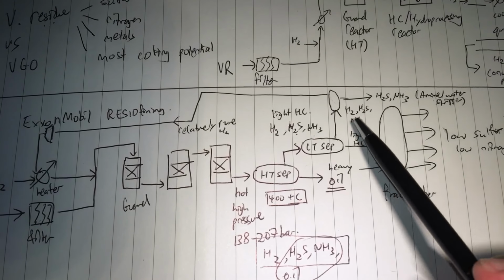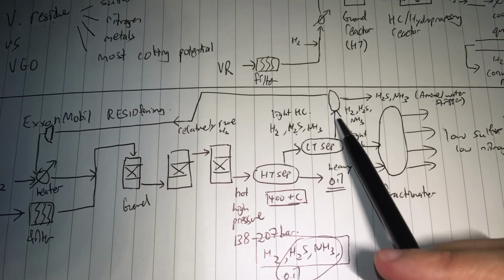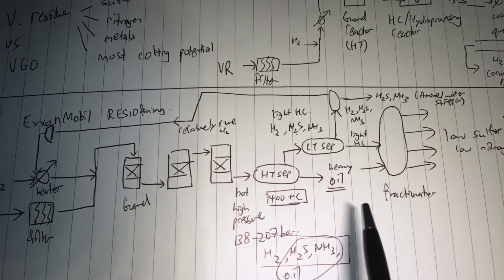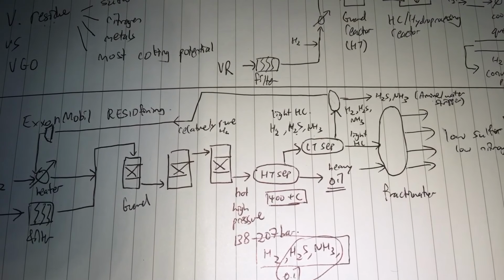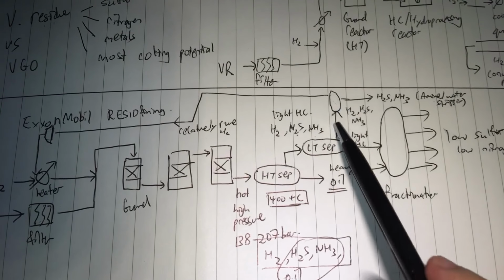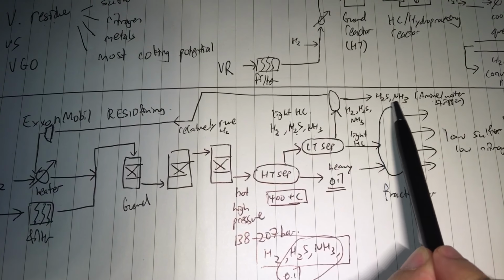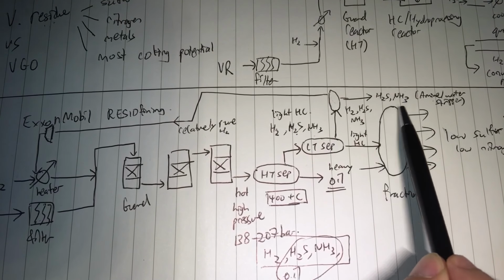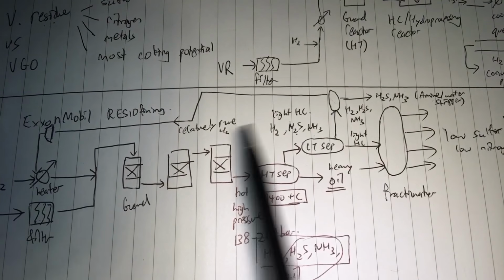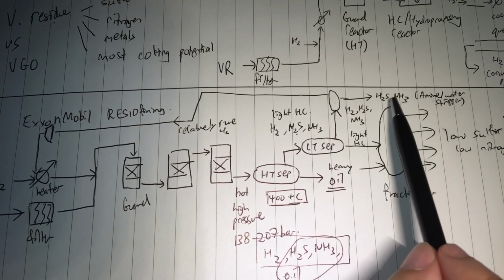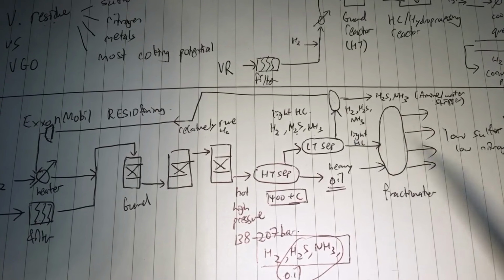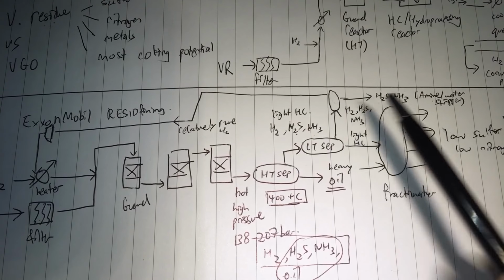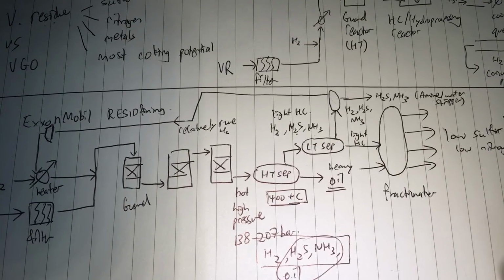Okay, and that's pretty much it for a fixed bed hydroprocessing process. And you might wonder why you want to use a special stripper for this hydroprocessor rather than a simple separator. Because the nitrogen and sulfur content of residue is so much higher that the hydrogen sulfide and ammonia content inside this gas may be too high to be desirable.